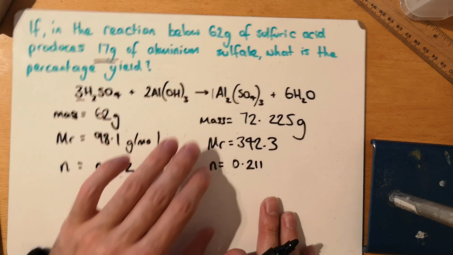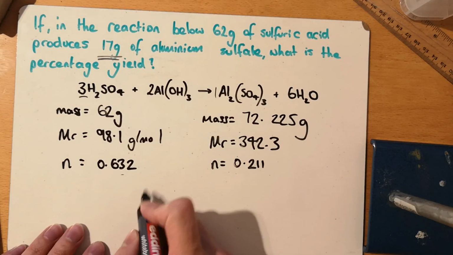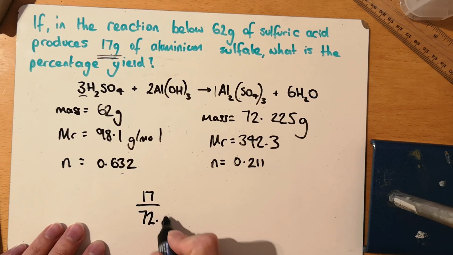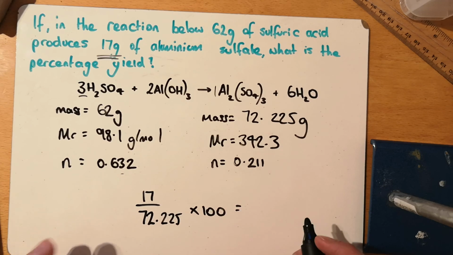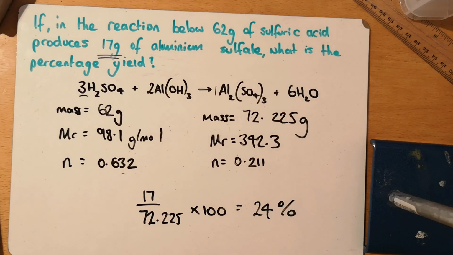So I've now got my theoretical, I've got my actual, so I take my actual, divide it by the theoretical, times 100 to give me 24% for my percentage yield, there or thereabouts. I rounded up a bit there. And that is how to do percentage yield calculations.